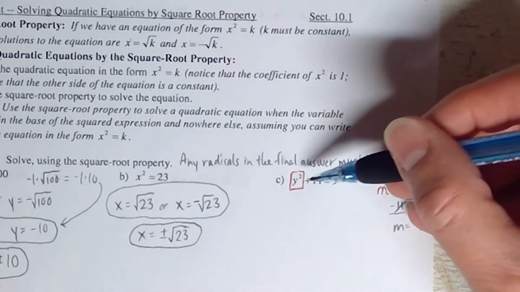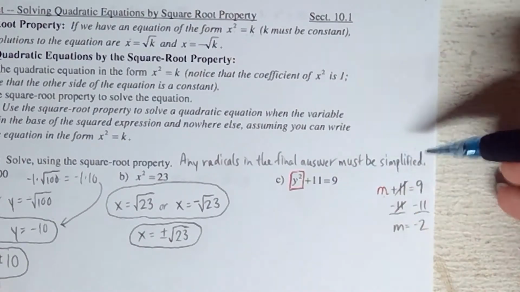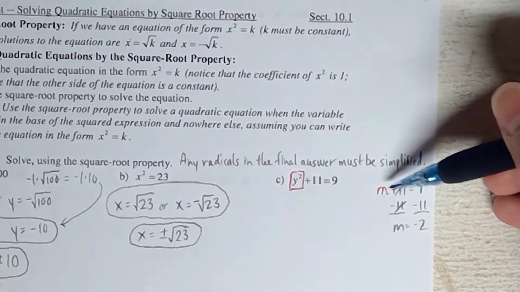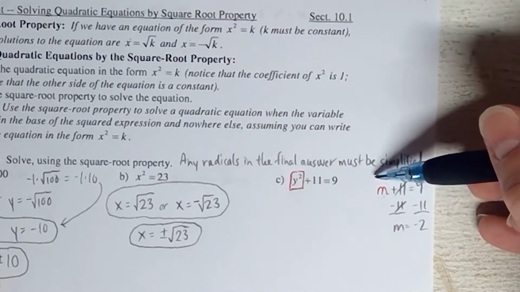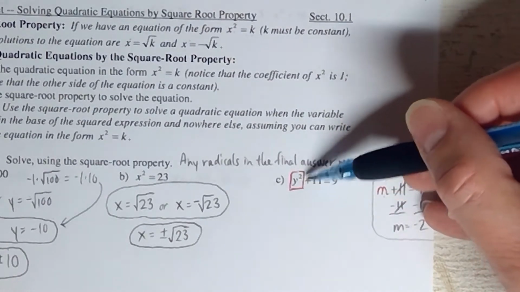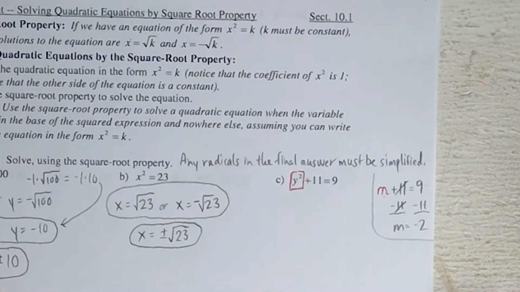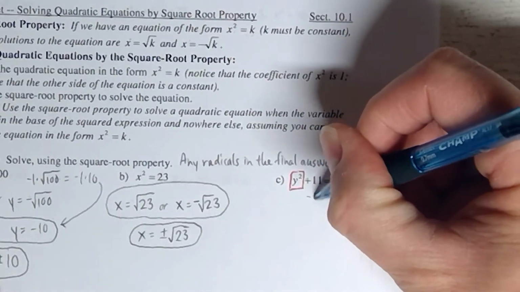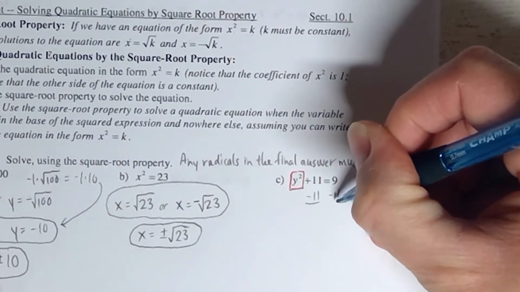My point here is that if you pretend that the thing you're trying to get by itself is a variable, and then you figure out how to get that variable by itself, the steps for getting the box by itself are exactly the same. So just like I subtracted the 11 over, I'm going to subtract the 11 over here, and I promise you that will work.